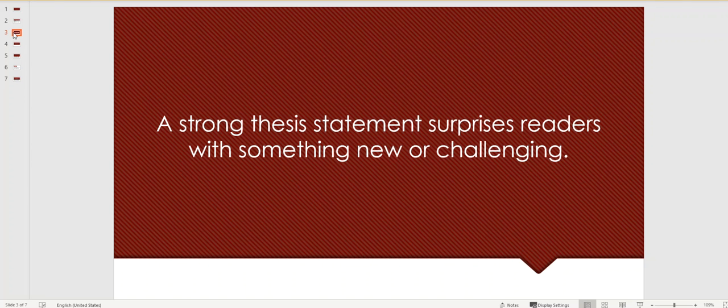So you do want to make your work interesting. And if you want to state something obvious, that's fine. Just make sure that all the supporting details that you offer after you state an obvious reason are interesting to read.